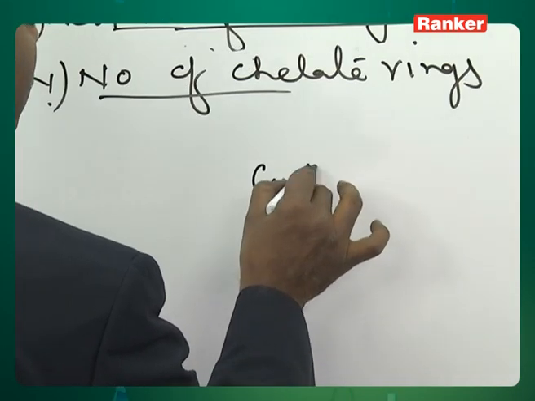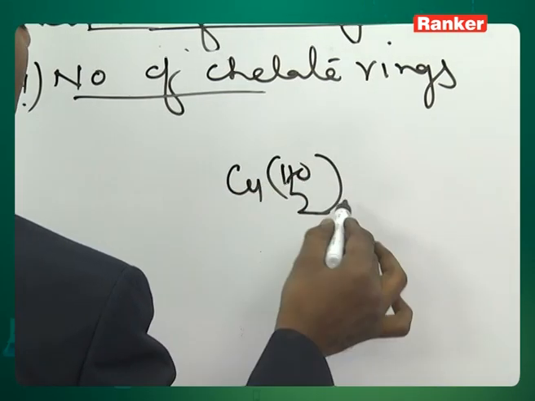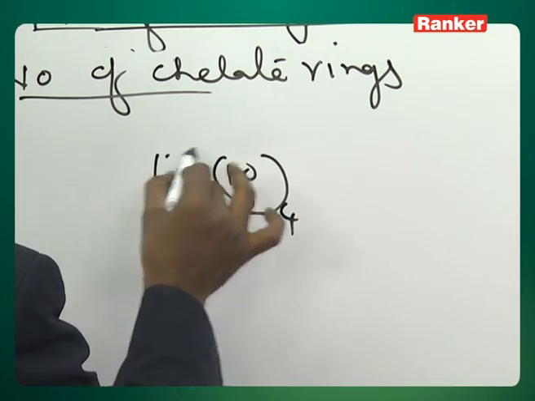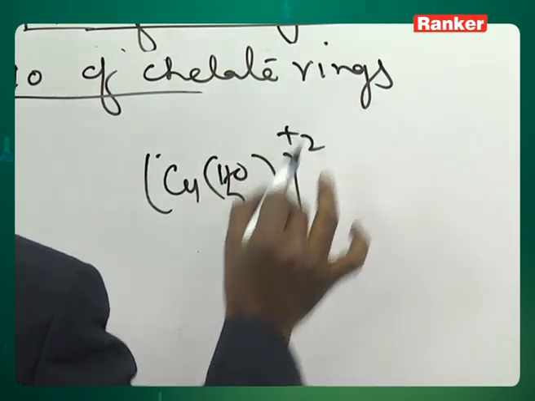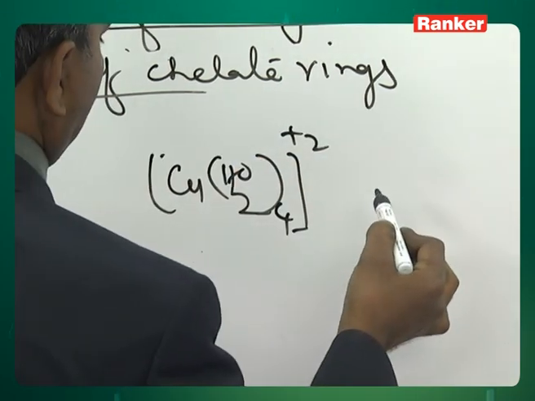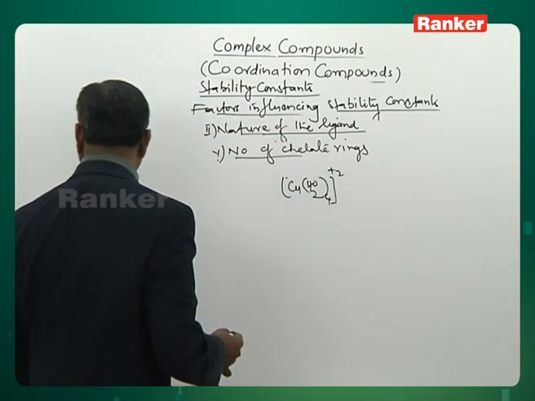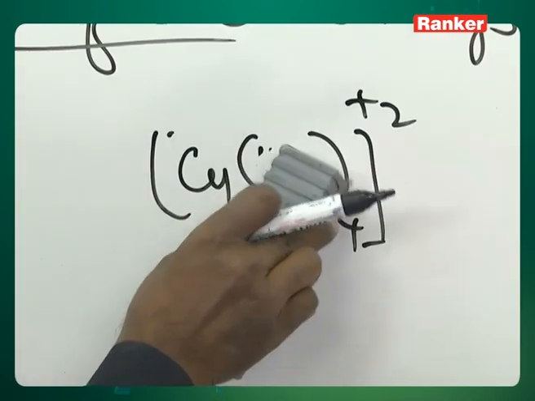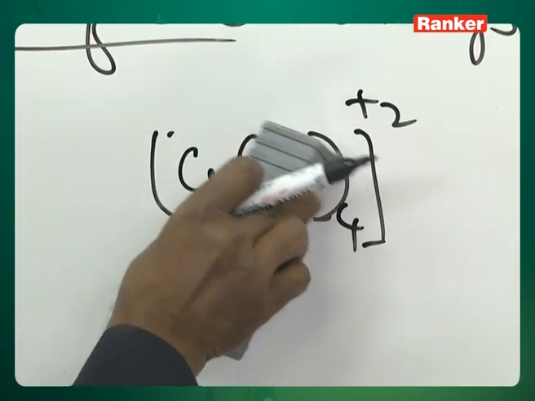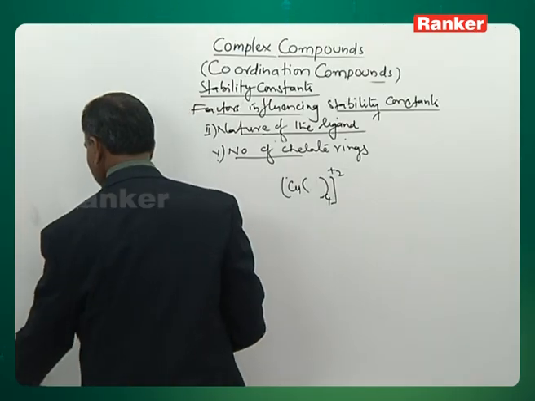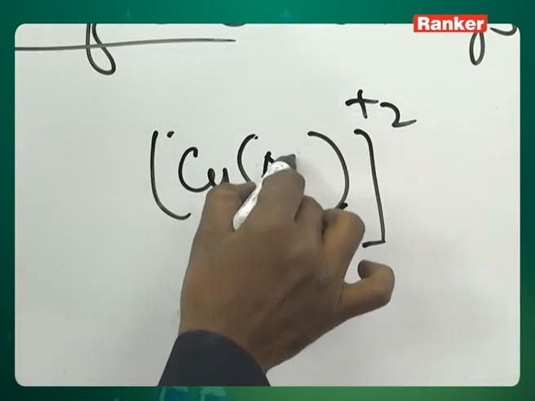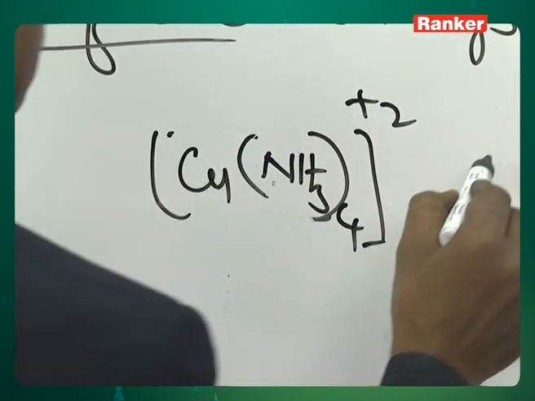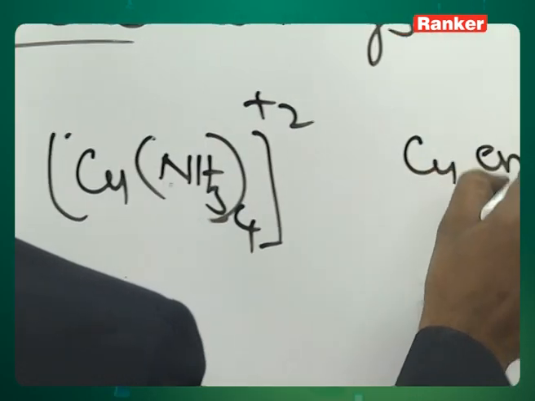Suppose you are talking about [Cu(H2O)4]2+. Instead of H2O, let us write all the same type. [Cu(NH3)4]2+, taken 4 times. Next, [Cu(en)2]2+, en taken twice.